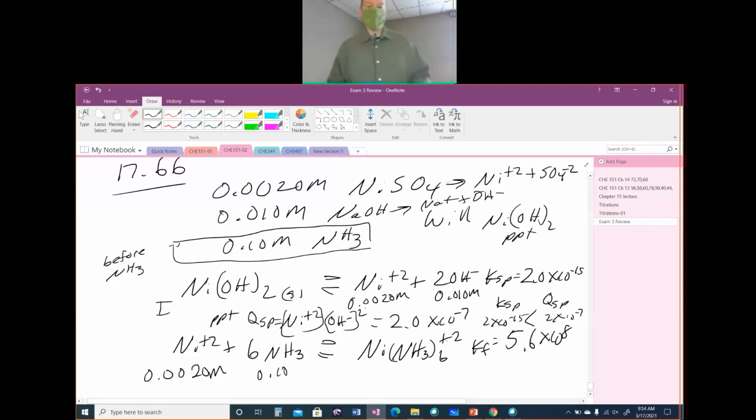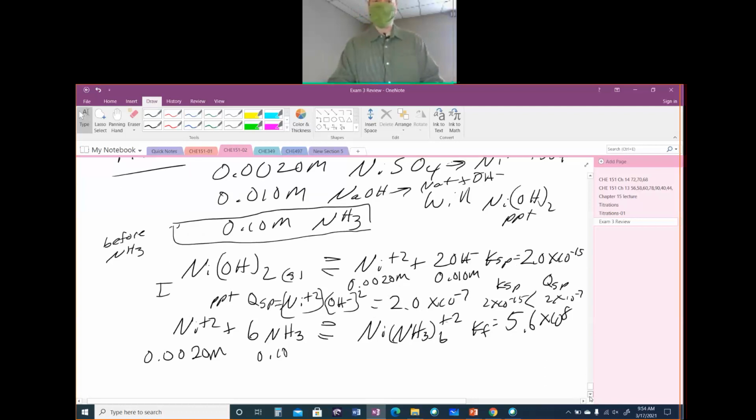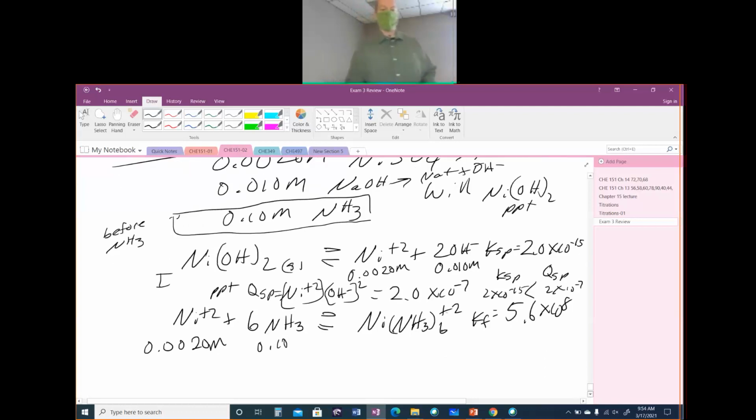All right, but now the question is, we're not just in water, we are in 0.1 molar NH3. So what's going to happen here? Well, what happens here is this reaction is going to go to the right until something on the left is 0. You have a very large Kf value. So minus x, minus 6x, and plus x.